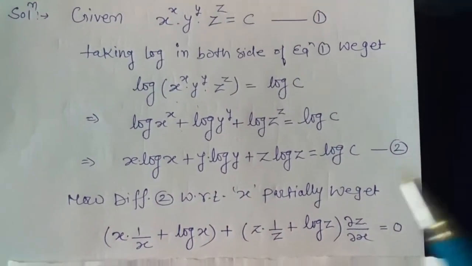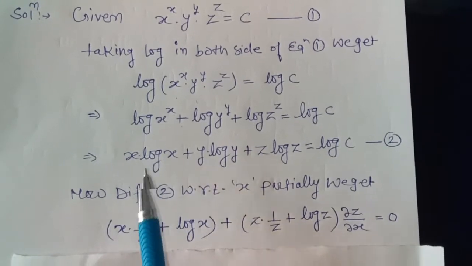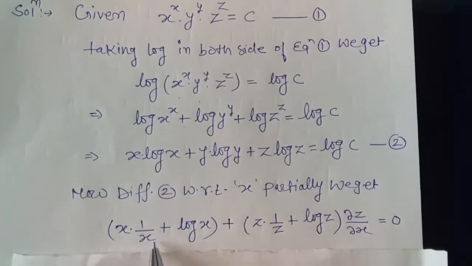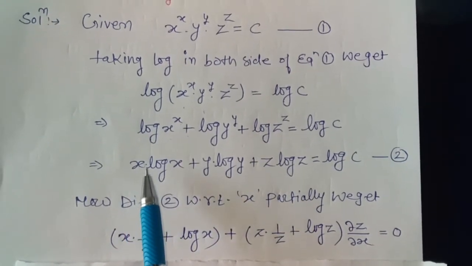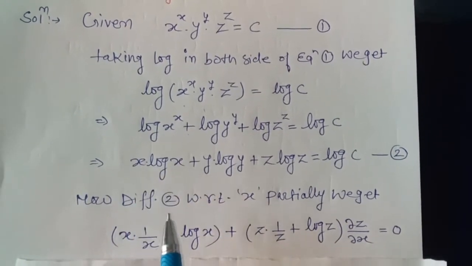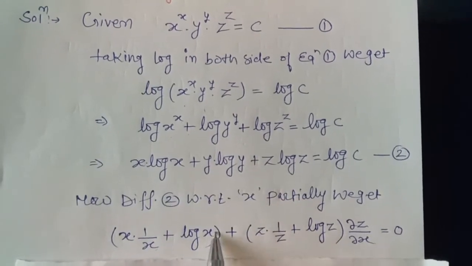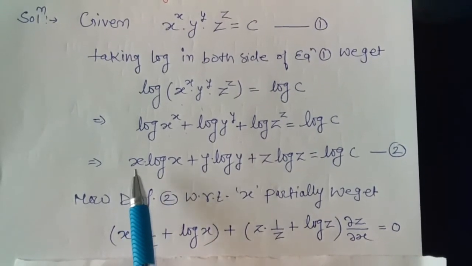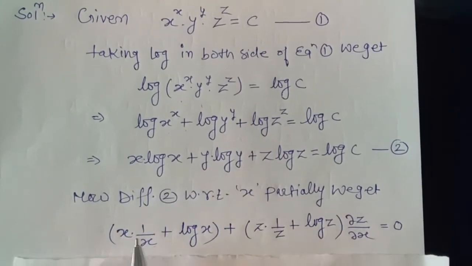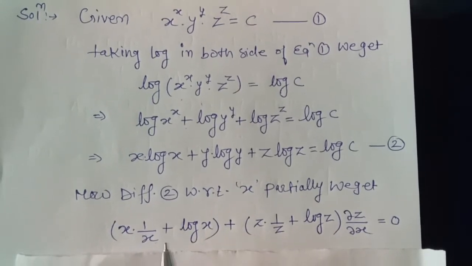So we get x as it is, times the derivative of log x, which is 1 upon x, plus the derivative of x, which is 1, multiplied by log x. So the derivative of x log x is x · 1/x + log x.